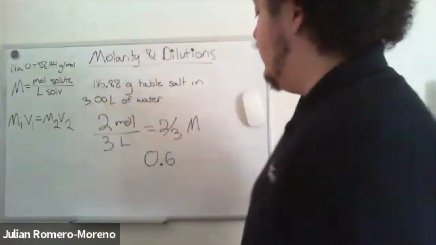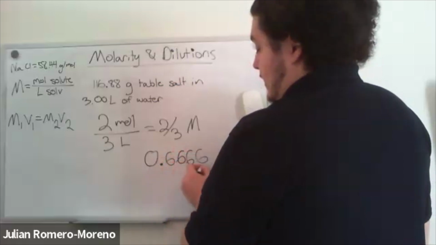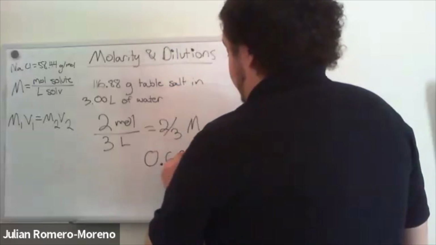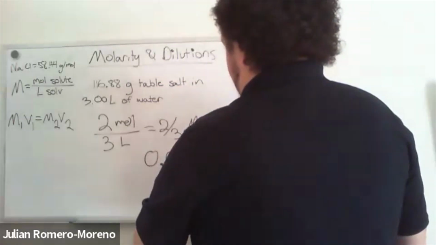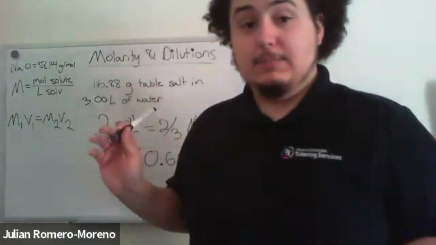We have 3 sig figs, so we'll go to 3 sig figs. This will round up, and instead we will be left with 0.667 molar concentration. That is molarity.